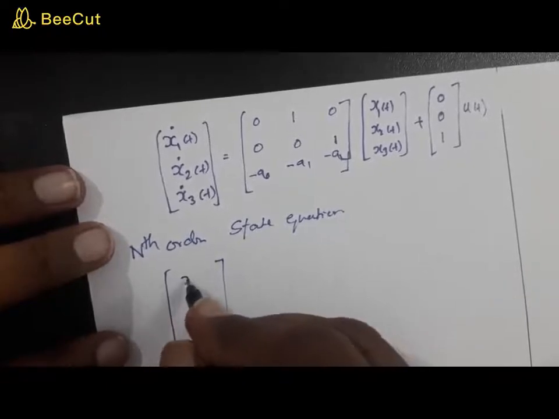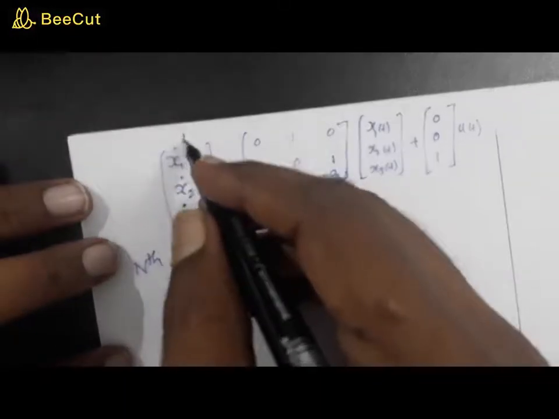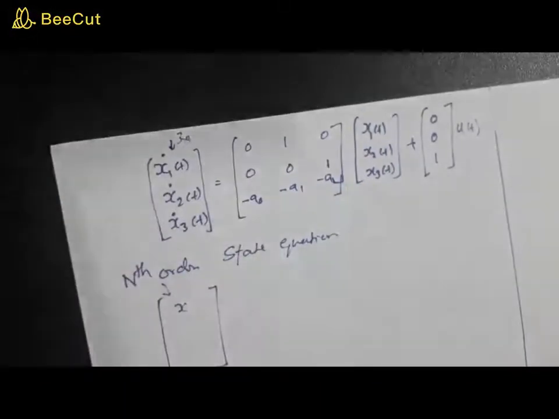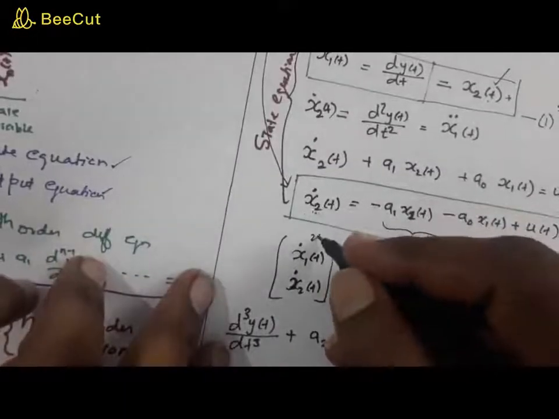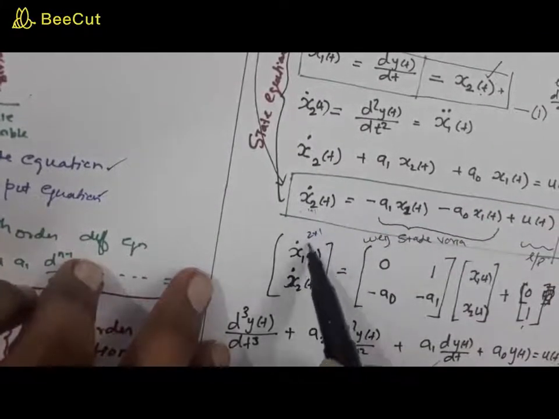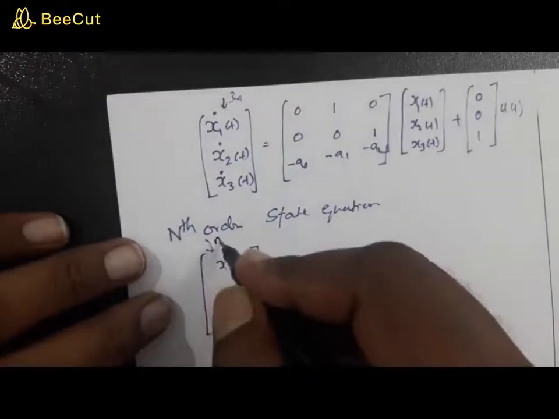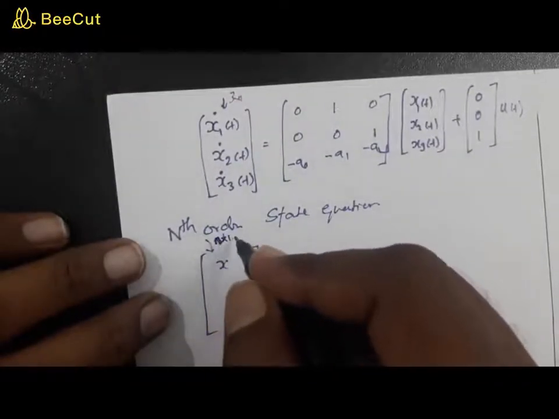So what type of matrix will this be? This is a 3 into 1 matrix. Look at this. This is going to be a 2 into 1 matrix. Why? Because there are only two state equations, so 2 into 1 matrix. So this must be a 3 into 1 matrix. So this must be an n into 1 matrix.